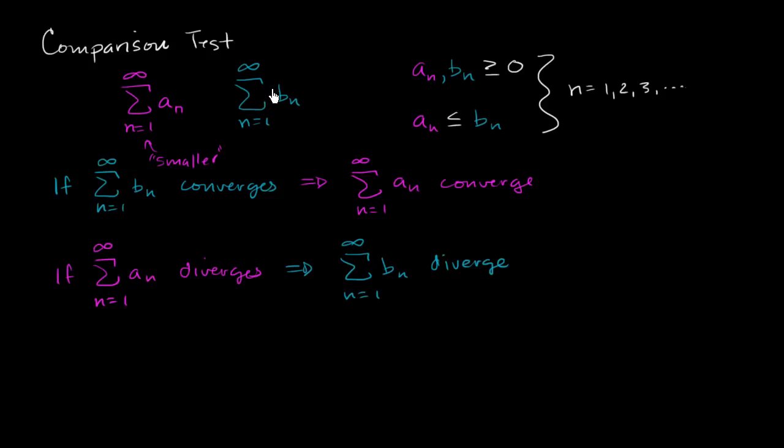And so once again, if you wanted to prove that this thing right over here is going to diverge, and you know that all the b sub n's are greater than or equal to 0, maybe you could try to find another series where each of the corresponding terms are less than the corresponding terms here, and if you could prove that one diverges, then you would be all set. And we're going to start doing that in the next few videos.